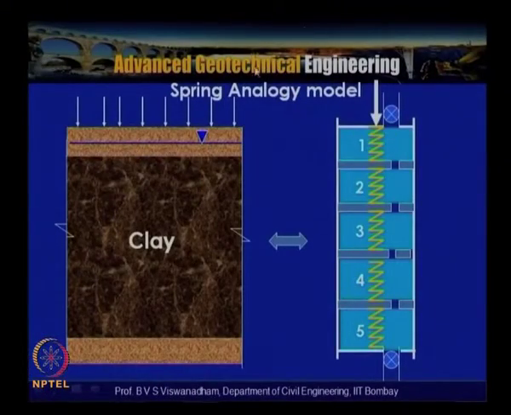Then at time t1, where t1 is greater than t, because of the pervious nature of the two open layers, sand at top and bottom, the water transfers the stress directly to the soil, and the pore water pressure drops to 0.